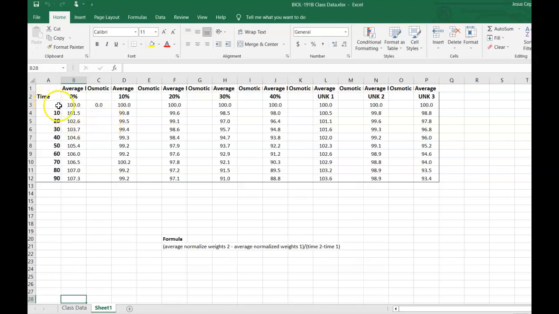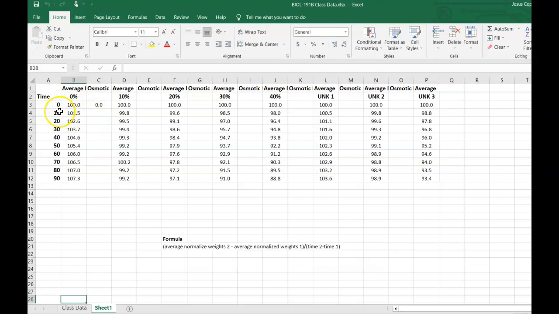At the beginning, at time zero, obviously there is no osmosis that has occurred because this is the weight before you dip the egg into the solution. So it's always going to be zero for all of these at time zero.